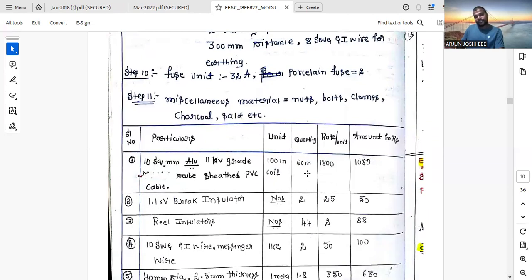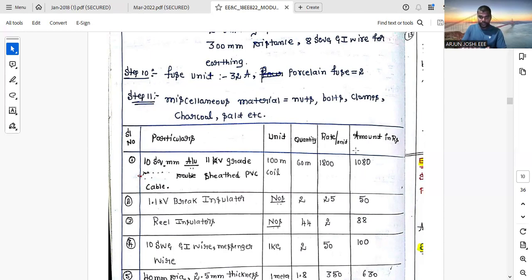100 meters costs 1800 rupees, so for 60 meters what is the amount? We need to do the cross multiplication. 100 into 1800 divided by 60 gives 1080.